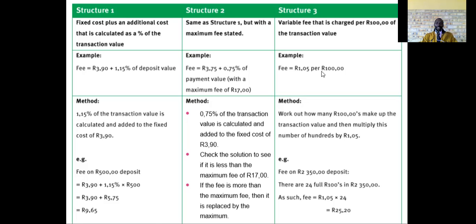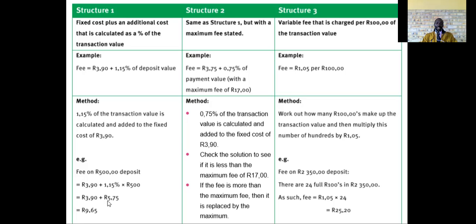You see that? Now, you can also look at this second one here, the method. For the first method, we have that 1.15% of the transactional value is calculated and added to the fixed cost, as I was indicating earlier. So you have 3.9 plus 1.15% of 500, if that is the amount of money the transaction is being carried out on.